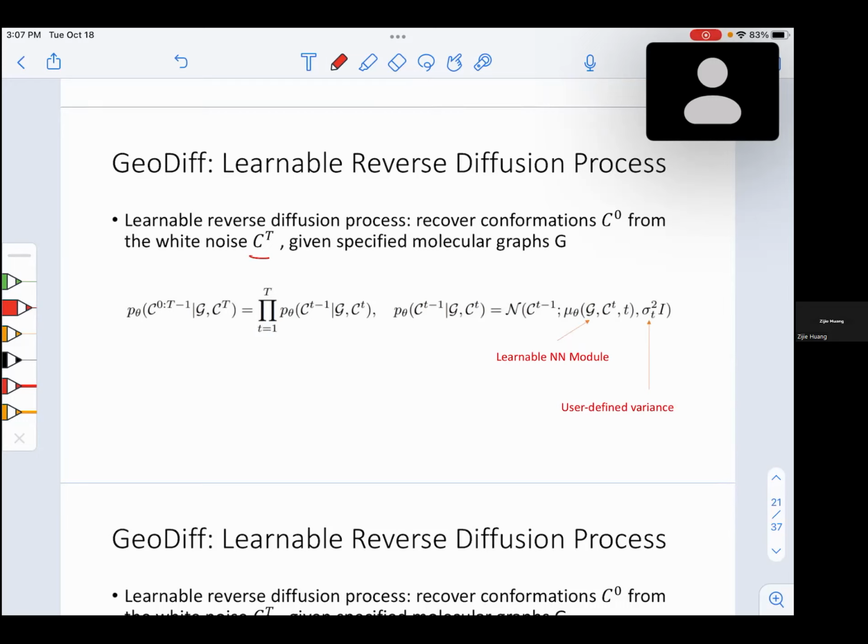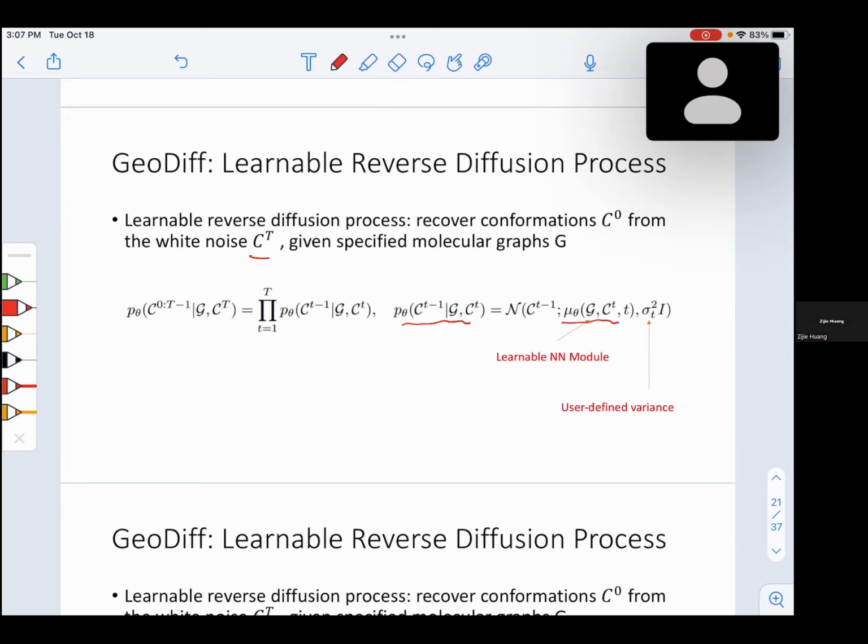So essentially, we can rewrite the reverse Markov chain probability, where the distribution is conditioned on both the graph and the previous conformation CT.